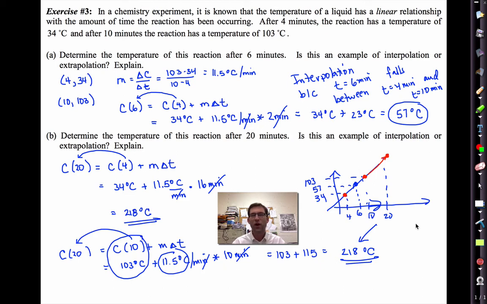But boy, you never know. Maybe as you extend outward, it's no longer linear. Granted, this problem told me we had a linear relationship, so I guess the 218 is perfect. But even if we didn't know it was linear, that interpolation would be more likely to be close to correct than the extrapolation. Although you never know.